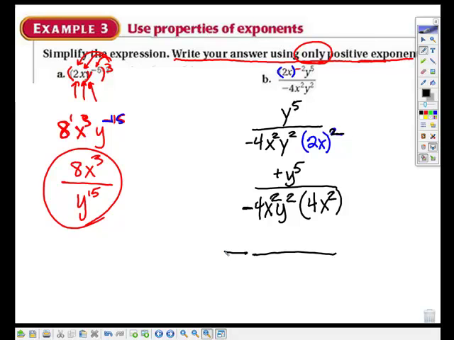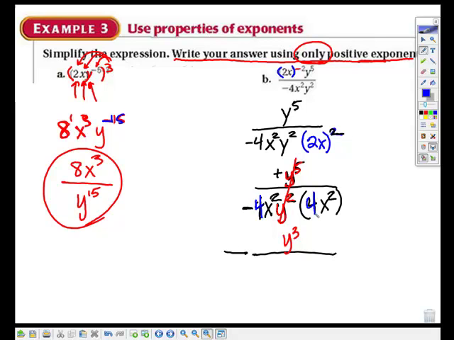If I start with the top and look at this y to the fifth, is there anything that will work to combine with it? Yeah, the fifth and the second, we should be subtracting those. This will become y to the third power. That takes care of those. Now if I look, I have a 4 here and I have a 4 here.